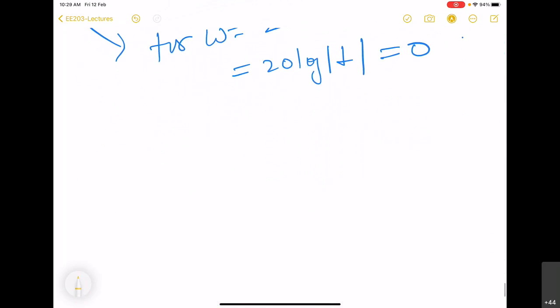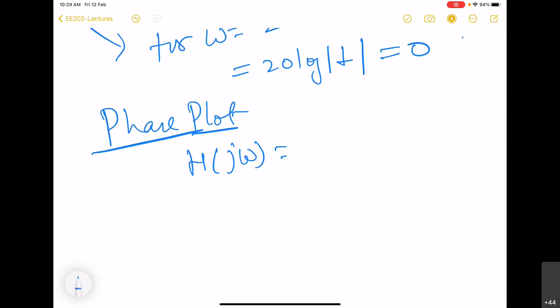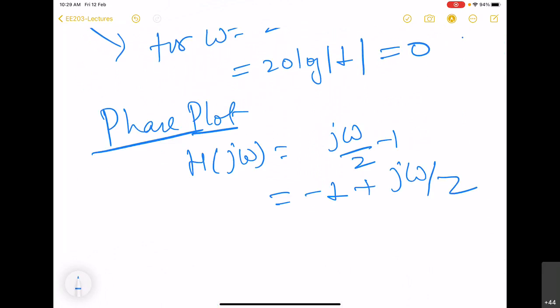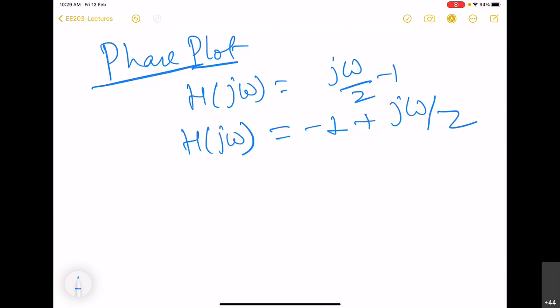So this is about the magnitude plot. Now we can go for the phase plot. So we have H(j omega) equal to j omega by Z minus 1. So this we can write as minus 1 plus j omega by Z. Right. So here also the phase is going to vary.